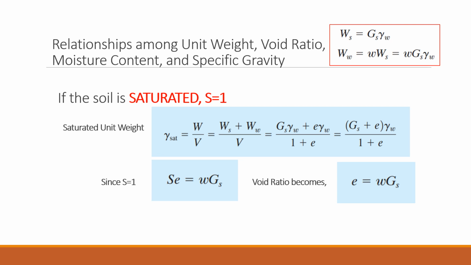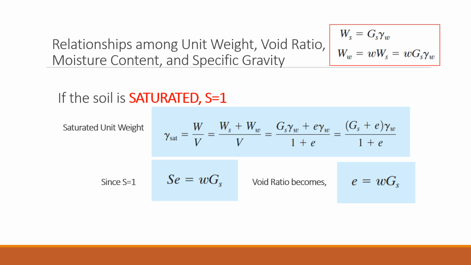So the weight of solids is equal to the one in the upper right corner, which is equal to the specific gravity times the unit weight of water, plus the weight of water, which, as indicated in the previous slides, is equal to void ratio times the unit weight of water.